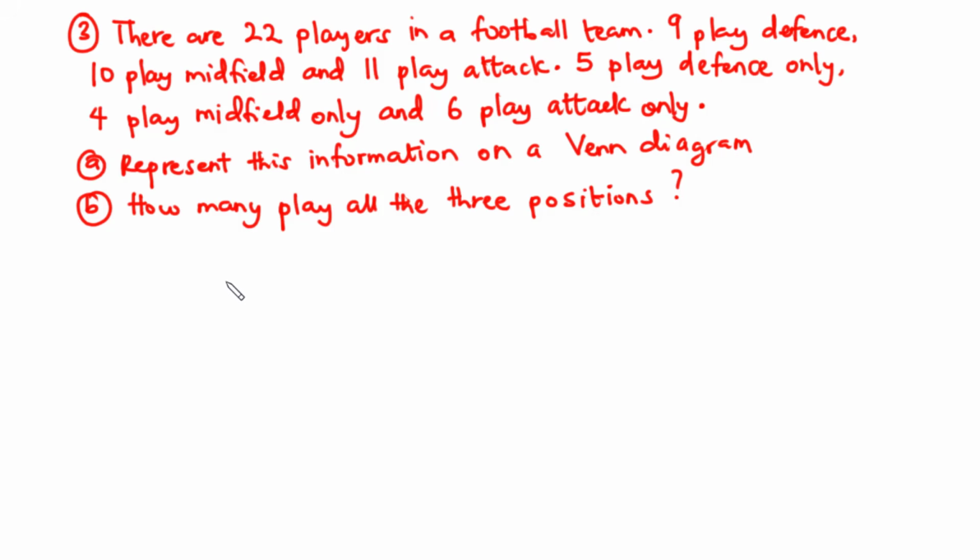So let's write down the information we gather from the question. There are 22 players in a football team. So the number of members in the universal set is 22. We are told that 9 play defense. So the number of players who play defense is 9. 10 play midfield.